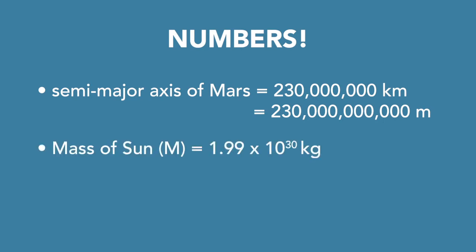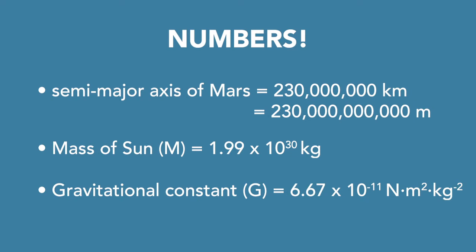M is about 1.99 times 10 to the power of 30 kilograms, and G is about 6.67 times 10 to the power of minus 11 newtons times square meters over square kilograms. Don't worry if some of these units like newtons and square kilograms are unfamiliar to you. Just know that in the end, our answer will be in units of seconds.